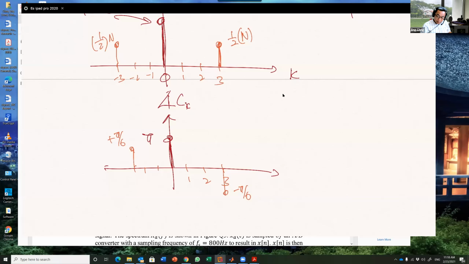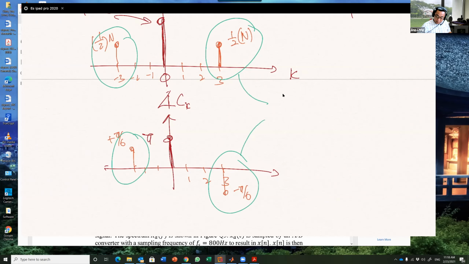And then now I'm going to explain to you why we have these two. The reason is this is expressing a cosine because we are doing half. You ignore the n first, okay? Half e to the minus j, so plus minus pi over 6.